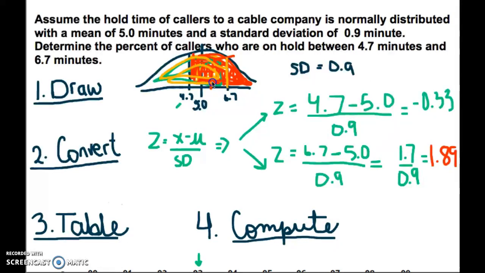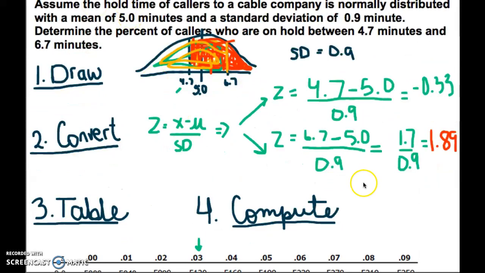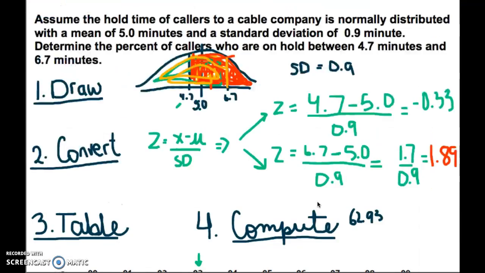Okay, so the last thing we're going to do after we have the tables, we're going to compute. We know that about 62.93% of my data is going that way over here, and we know that was 97.06% going to the left.